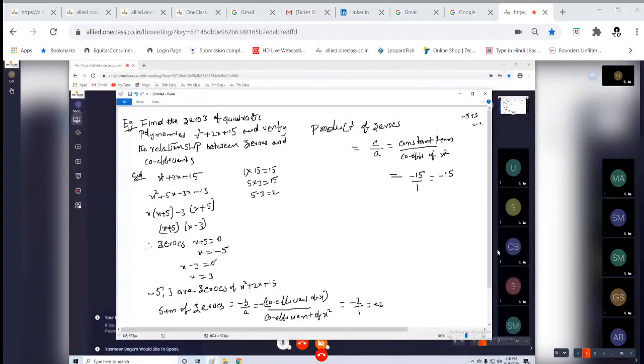We have already found, so we checked: minus 5 plus 3 is minus 2. The product of zeros means minus 5 into 3, minus 15. Look here, the constant term is how much? 15, and here only plus mark. The constant term by the coefficient of x square, minus 15 by 1, means minus 15. Got it, children? Take it down.